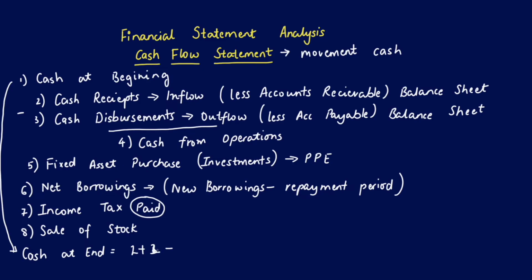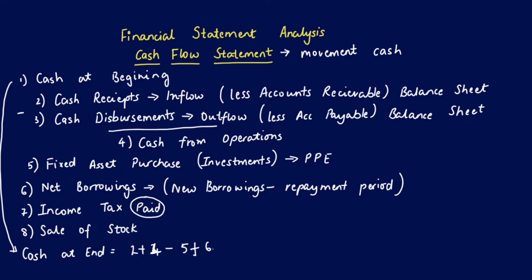Sorry, so it's 2 plus 4. Now you subtract any fixed asset purchases you've made, because as I said, once you buy a plant or equipment, it's money going out of your pocket. So you subtract the fixed asset purchase, which is 5, and you add any net borrowings.